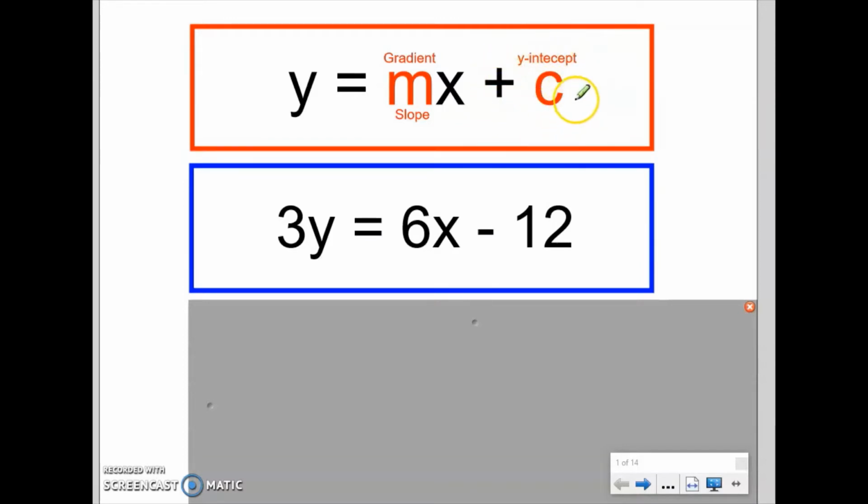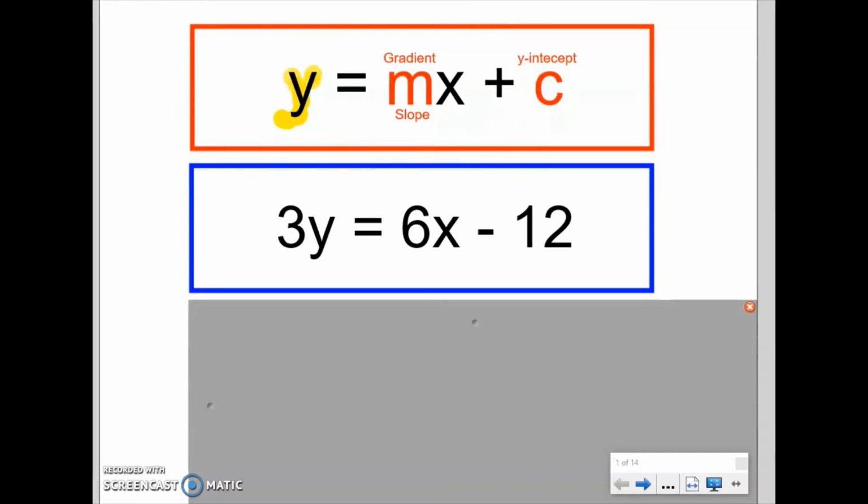And whatever number is here, whether it's positive or negative, that's going to tell us where the linear graph would cross the y-axis, the y-intercept. The bit that's vitally important about this setup is that this y must be singular. It must be one y.